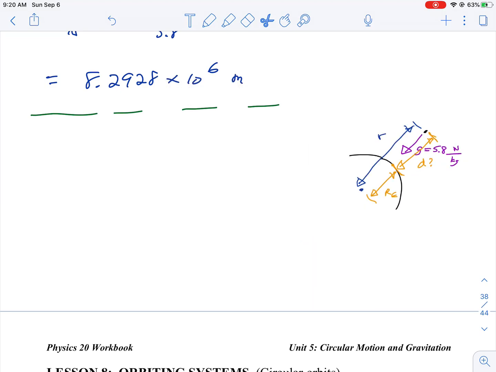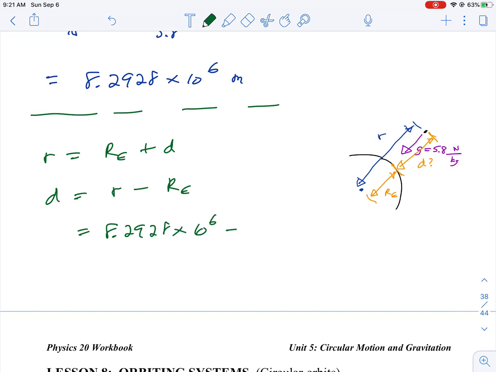Okay, so from here, we could make a formula if you wanted to. We could say that the distance r happens to be equal to the radius of the Earth plus the distance d. So therefore, d would simply be the distance r minus the radius of the Earth, and that's the key. Subtracting the radius of the Earth. This becomes 8.2928 times 10 to the 6th, and the radius of the Earth is also on the back of your formula sheet.